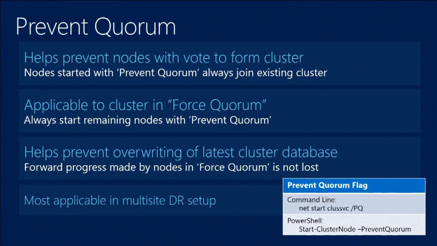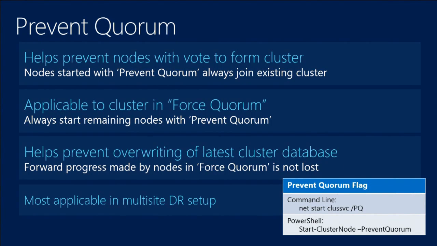Similar to force quorum, there is a second flag that you can pass to both Start-ClusterNode as well as net start cluster service, which is prevent quorum. What prevent quorum does is it tells the cluster service on that node to not form the cluster by itself, but rather go talk to an instance that I have already force started.